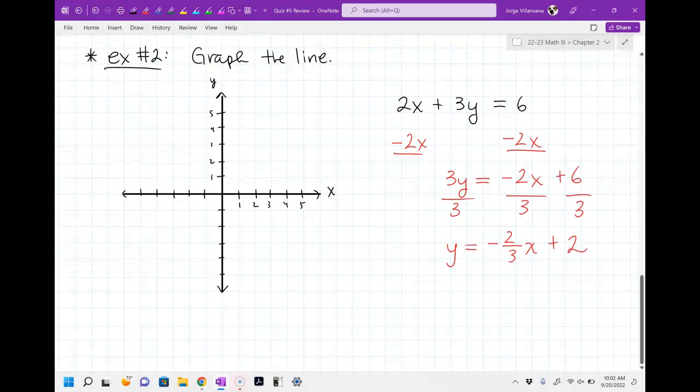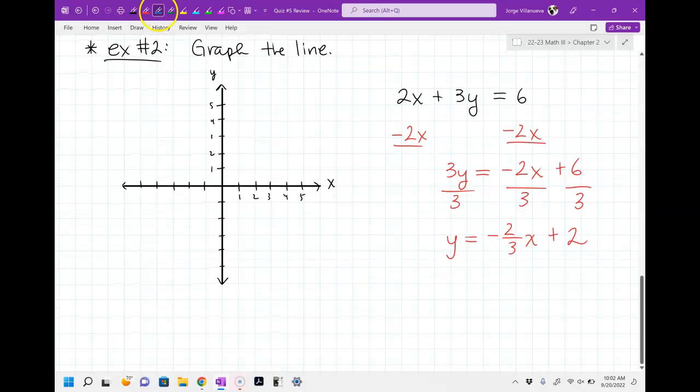So what is my slope according to this problem? Negative 2/3. What's my y-intercept, my b value? 2. If I'm going to graph, I need to know where to begin, so I start at 2. Here's 2 on the y-axis.